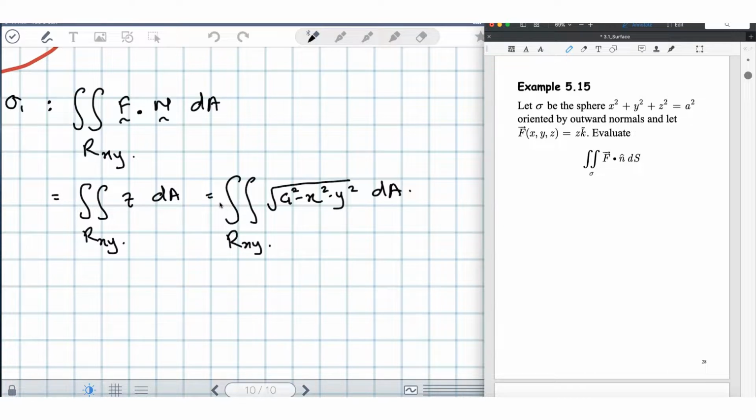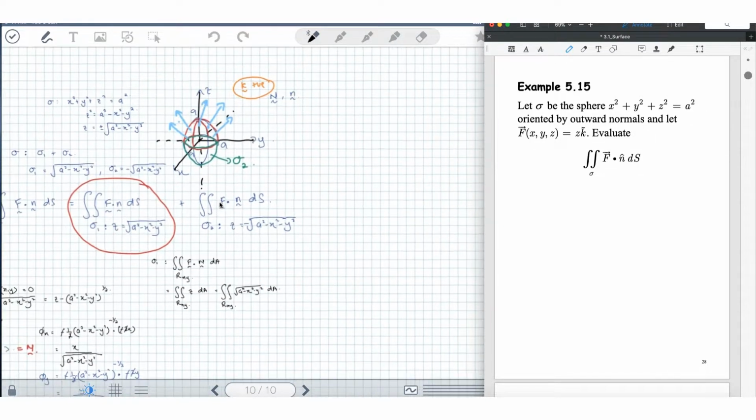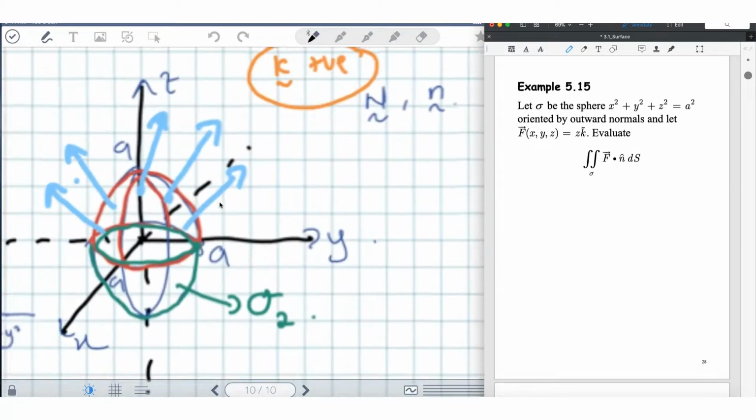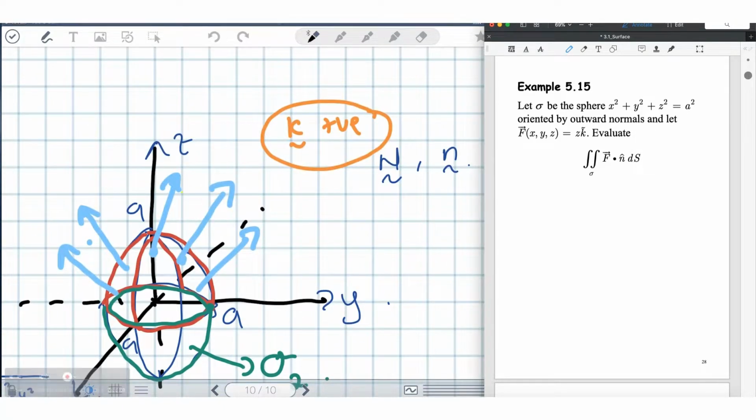Now we look at the region. What is the region? Imagine your sigma 1 is only the top one. For this particular surface, which is a hemisphere, the region is only on the xy plane. What is the shadow when you are looking down? Some students call that a shadow.